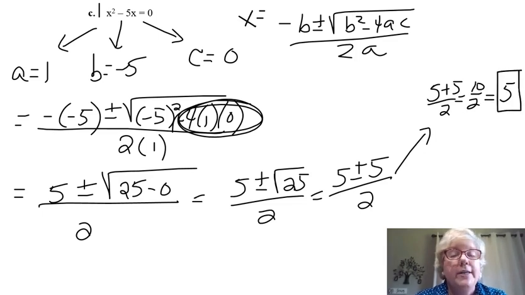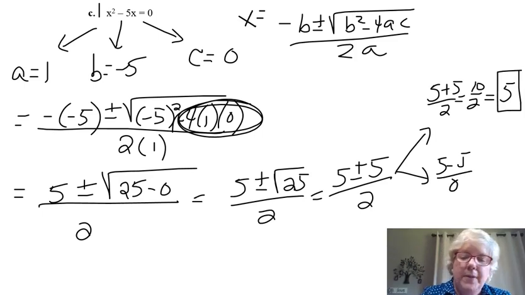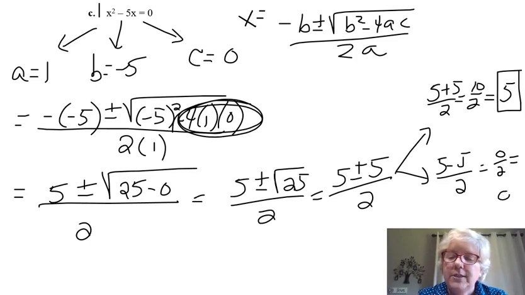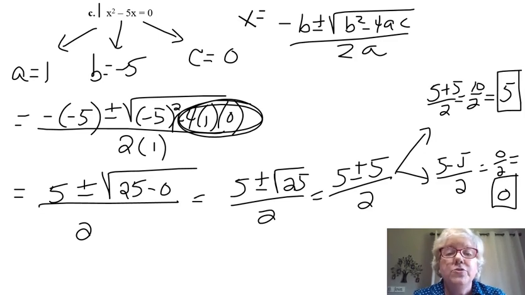So we get an ordinary looking answer of 5. If I combine my like terms on top with that subtraction sign, excuse me, I was getting ahead of myself there. 5 minus 5 is 0 on top, and I bring the 2 over, 0 over 2 is equal to 0. So my two answers here are positive 5 and 0.